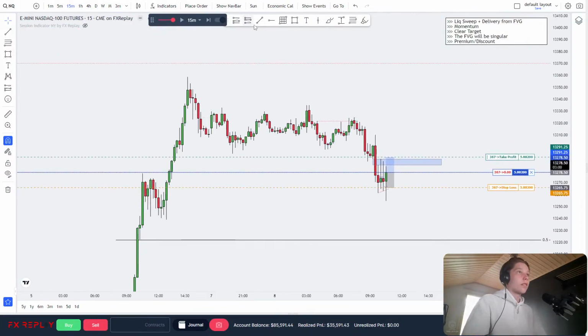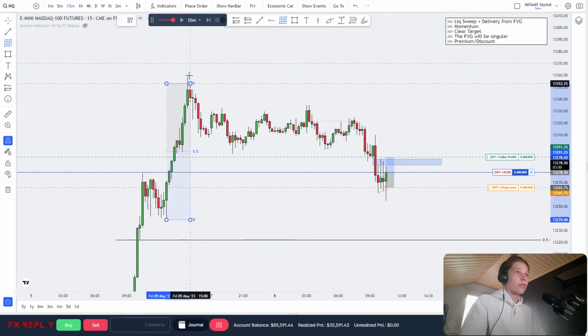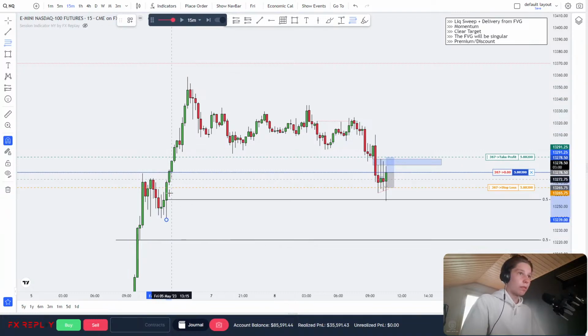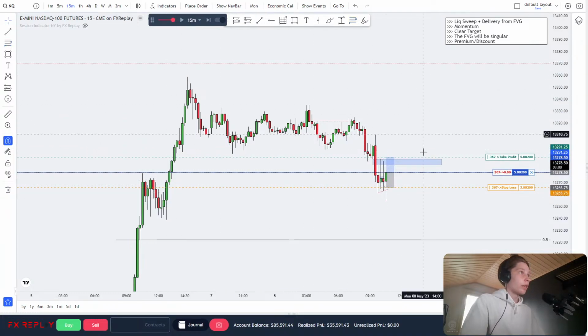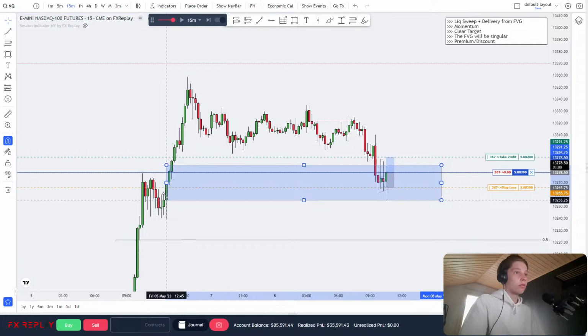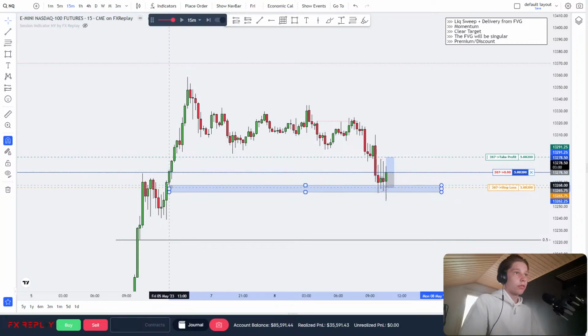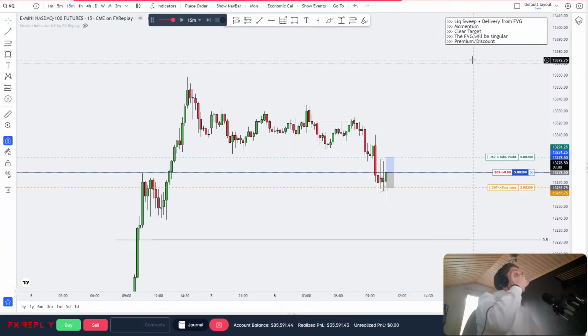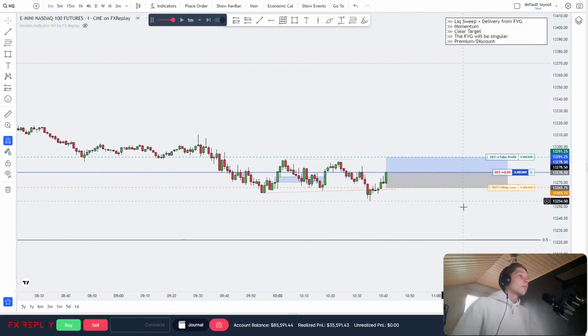So technically this is the M15 price range. You are in discount. We sweep liquidity. We are delivering away from this one. You can see how that reacts. Pretty nice. Do we have momentum?